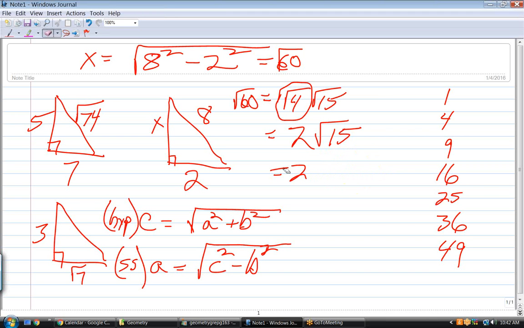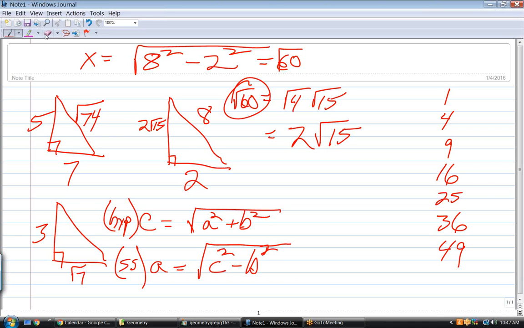You only reduce it down to whether you have pulled the largest number possible out of that as a perfect square number. Okay? So that answer is 2 root 15. In other words, you would never see that as if it was a multiple choice. They're not going to put root 60 up there.